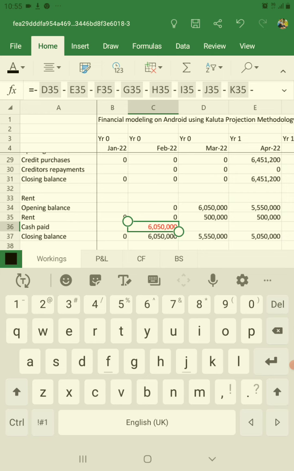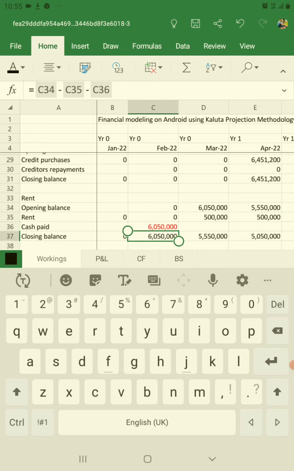The formula explains why. If you click at the end of the closing balance here, you will see the formula has taken opening balance C34 minus rent. Rent is 0 at this time on February, minus cash paid. Cash paid is negative, so when you minus, it turns out to be positive.